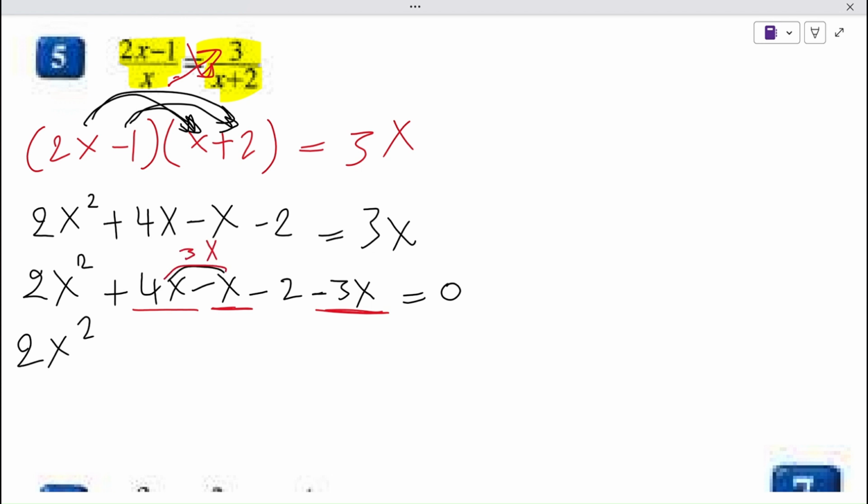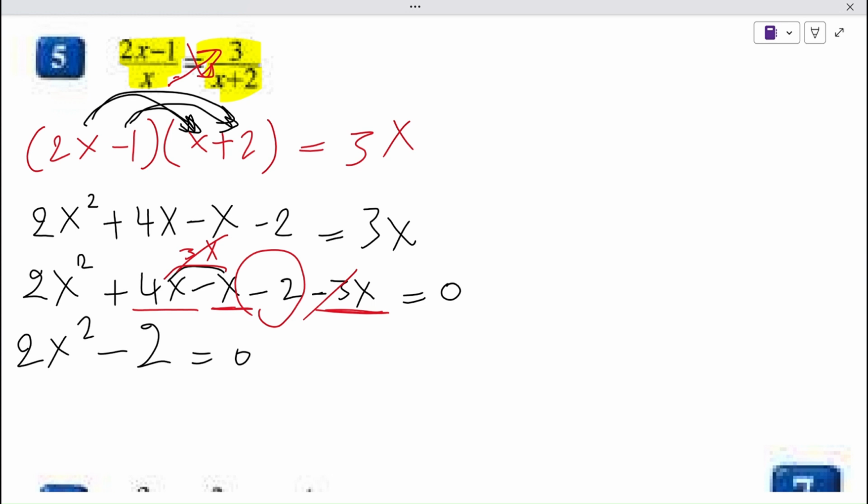So we just have minus 2 here. Minus 2 is equal to 0.